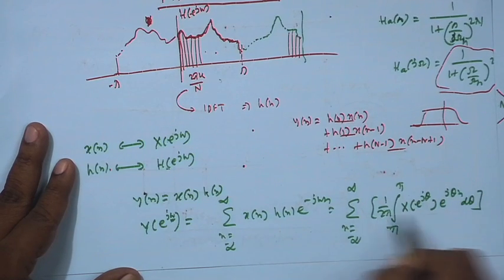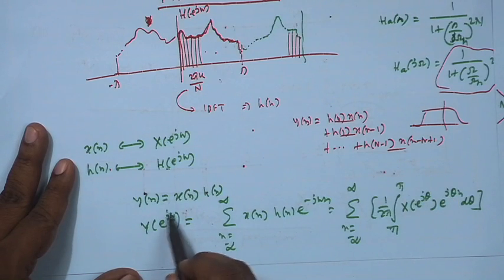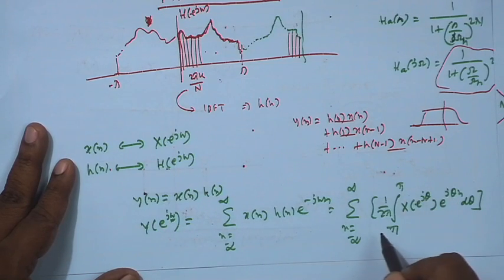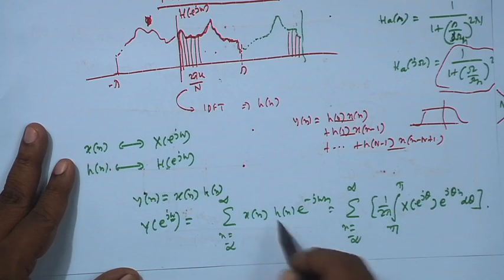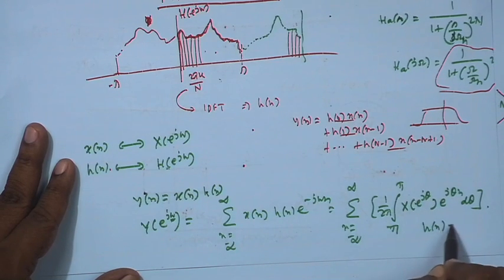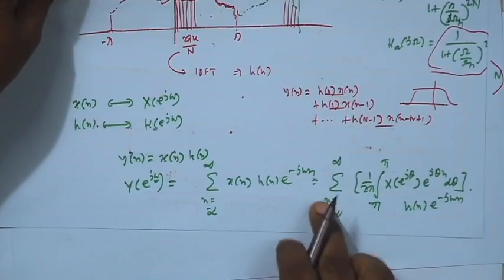This is the inverse DTFT of x[n]. I do not bring omega here because omega is fixed from outside. So, you cannot use it as a variable within an integral. So, this is your x[n], the inverse DTFT relation for x[n], and then remaining as it is h[n]e^{-jωn}, and now the integral is a summation, this discrete summation.